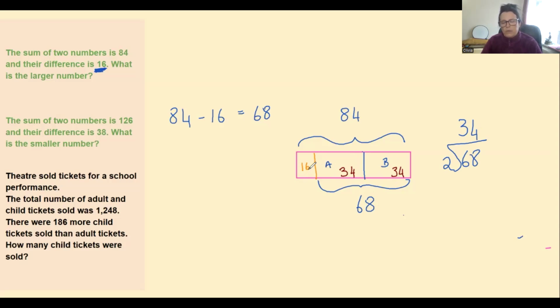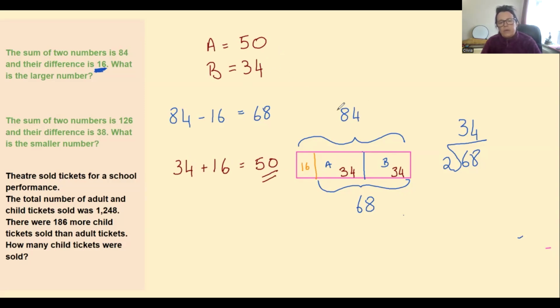So we're going to add 16 onto the 34. 34 plus 16 is equal to 50. That means A, including the 16, is equal to 50. And B is equal to 34.